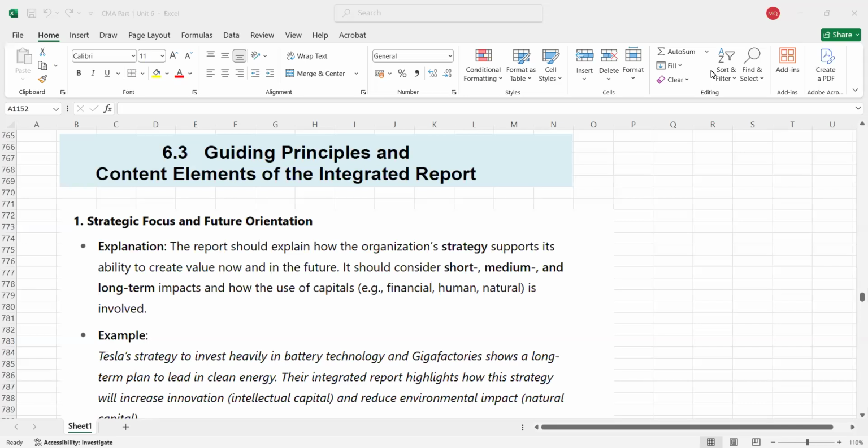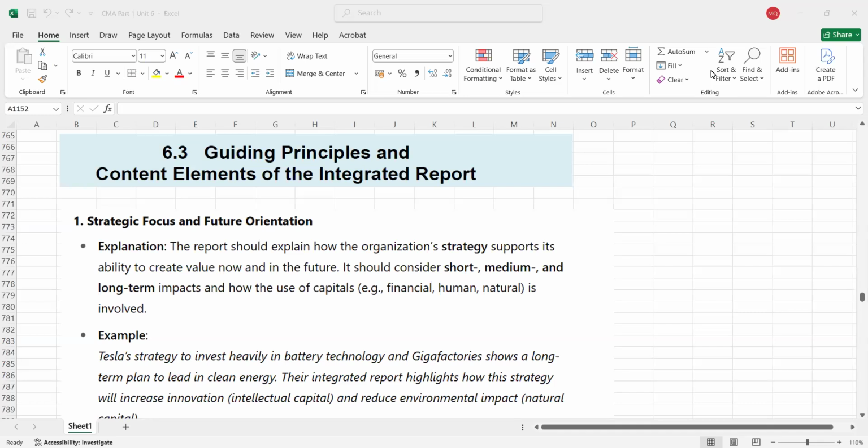We also discussed the six capitals. We explored the six capitals that are central to integrated reporting. In the six capitals, the first capital was financial capital. Financial capital means the funds available to produce goods and services. The second capital was manufactured capital.